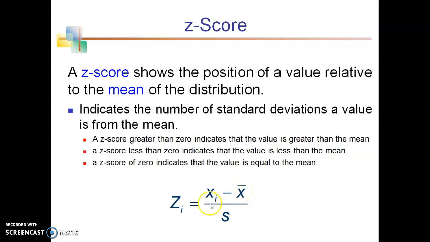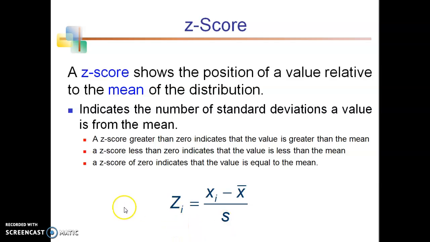And let's say you have an IQ of 130. Okay? So you are essentially 30 IQ points above the average. That's our numerator. We know IQ has a standard deviation of 15. So 30 divided by 15 is 2, which means you would have an IQ that is 2 standard deviations above the mean, right? 130 minus 100 divided by 15 is 2.